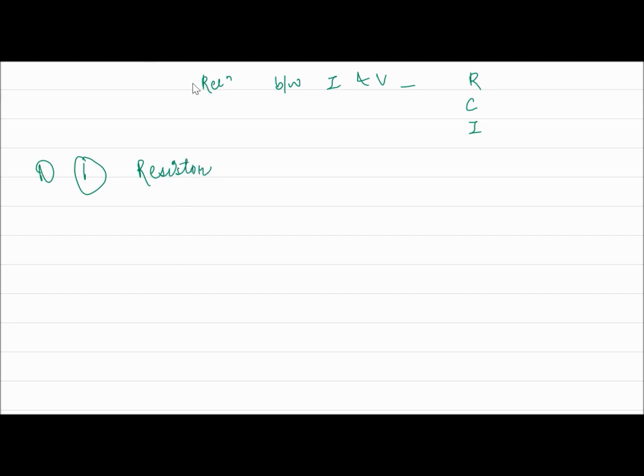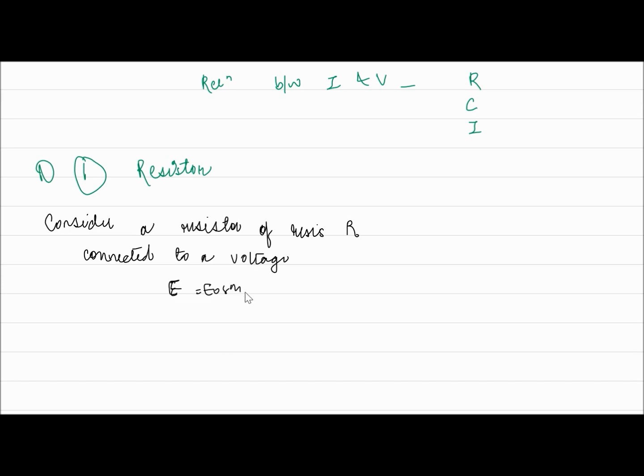So we'll consider a resistor of resistance R, which is connected to a voltage E equal to E naught sine omega t.